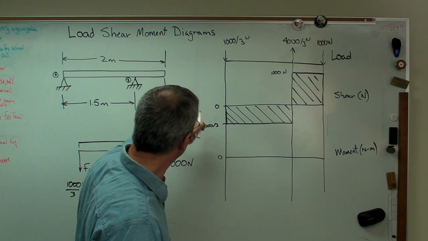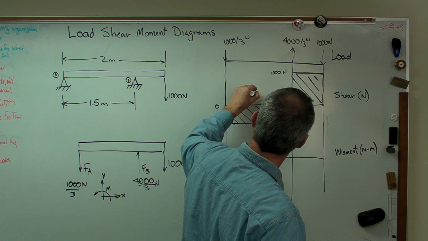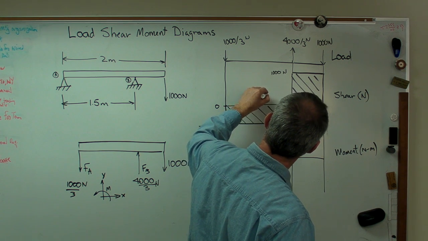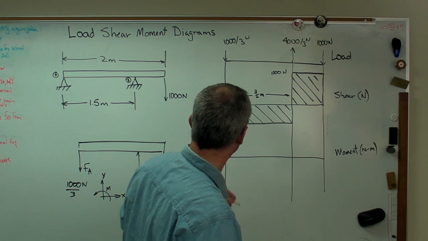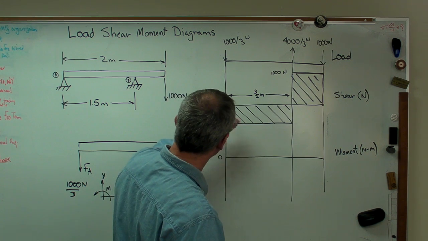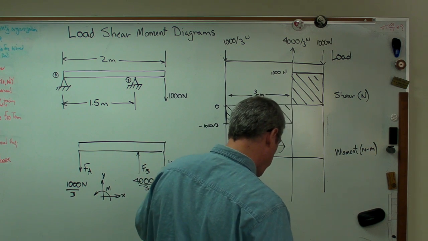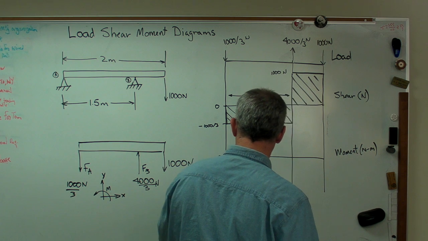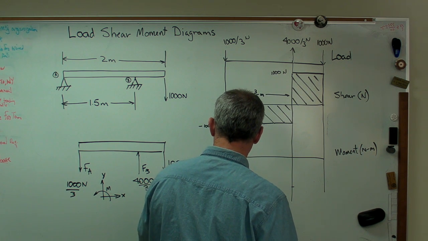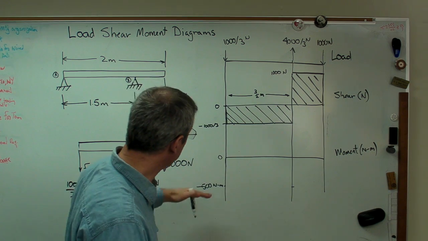So if I have negative 1,000 over 3 times this distance, which is 3 over 2 meters, okay, that area is going to be 1,000 over 3 times 3 over 2, and that turns out to be minus 500. So there's minus 500 Newton meters right there.